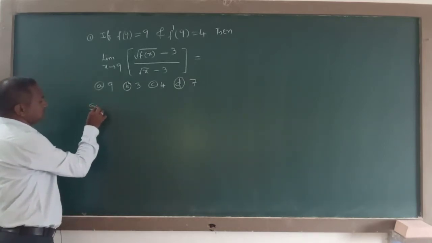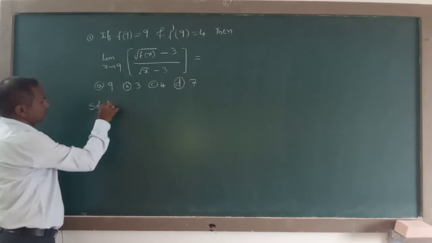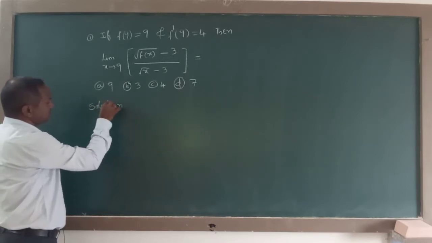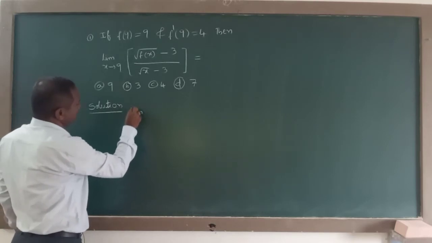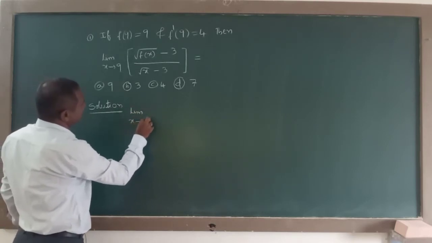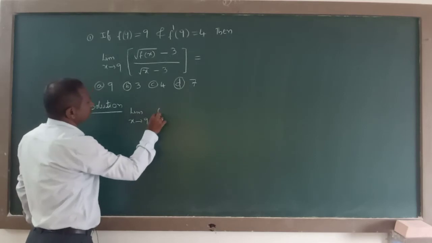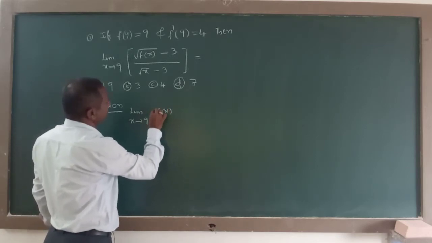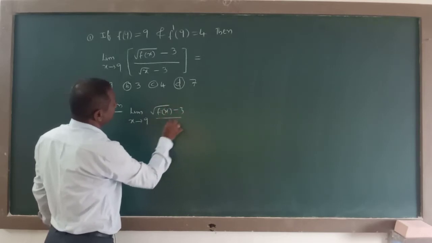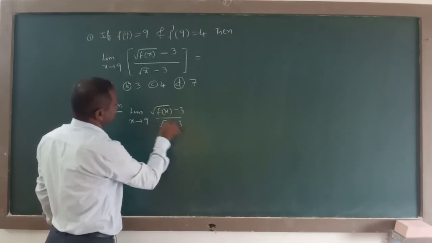The solution to this question is: limit x tending to 9 of square root of f of x minus 3, whole divided by square root x minus 3.